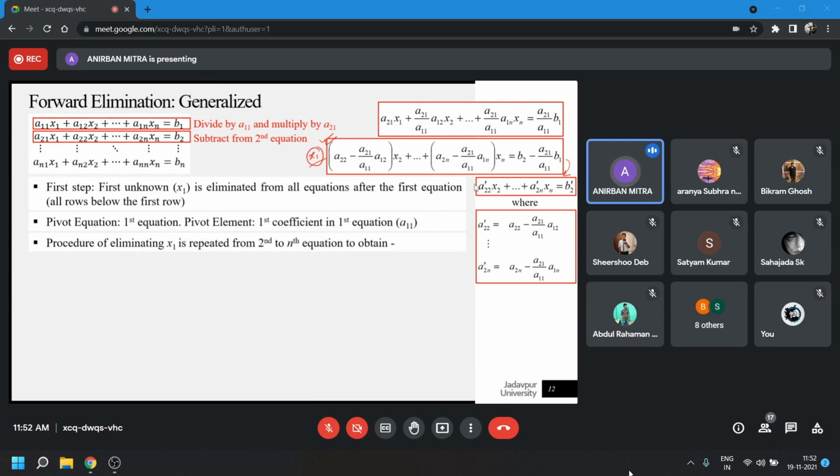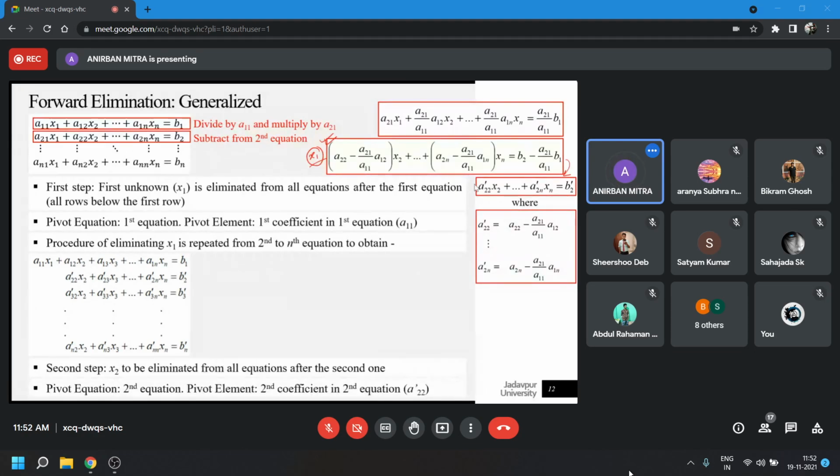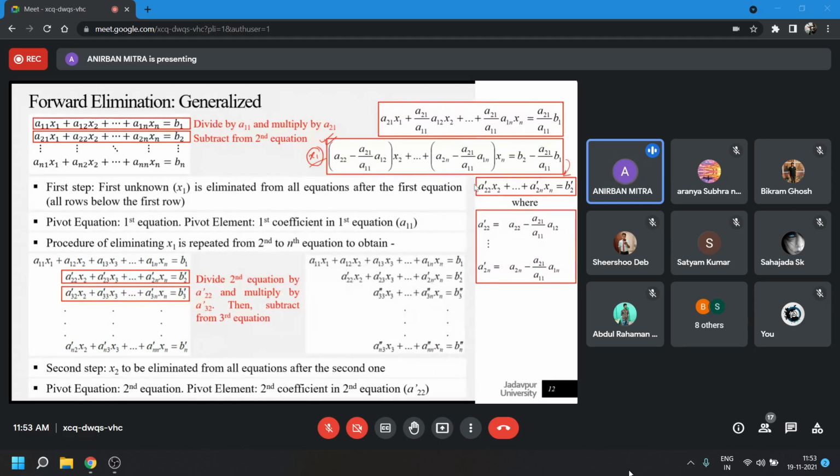That is going to be used to modify the equations below it. Once that step is completed, then we'll leave both first and second equation unaltered, untouched. We'll start with the third one. Consider the third equation as the pivot equation and modify the equations below it with the help of the third equation. So if you continue like that, you will finally obtain something like this.